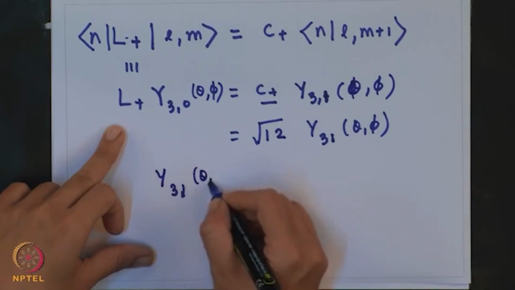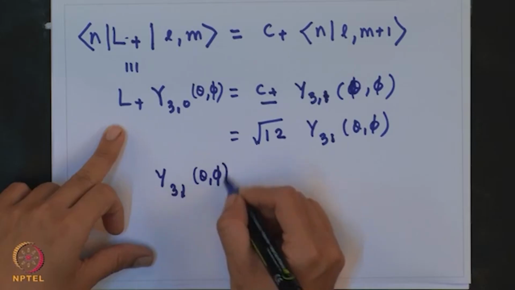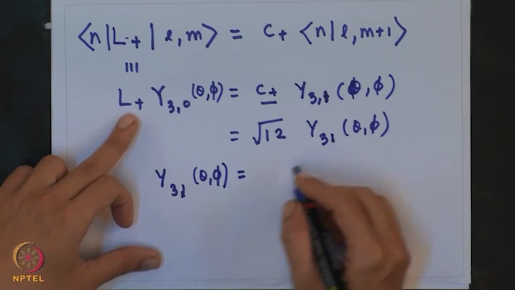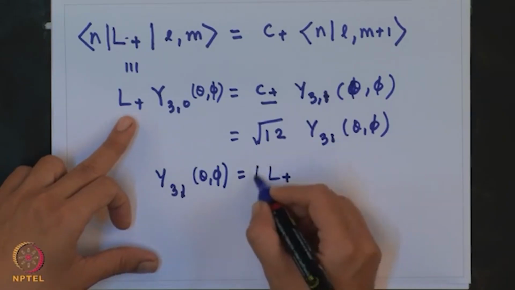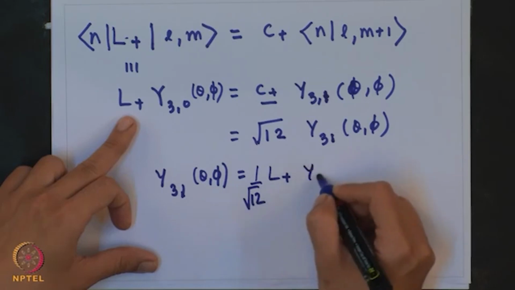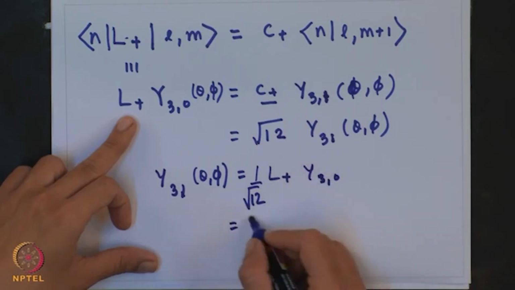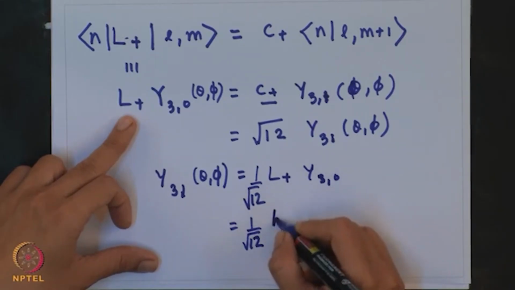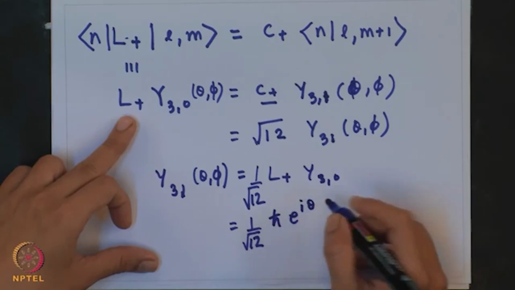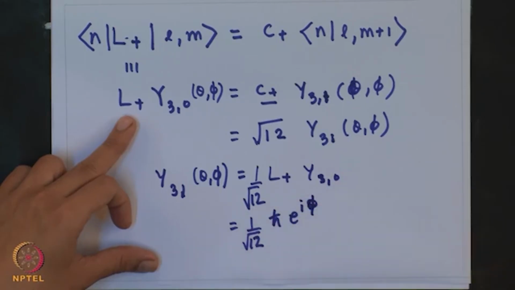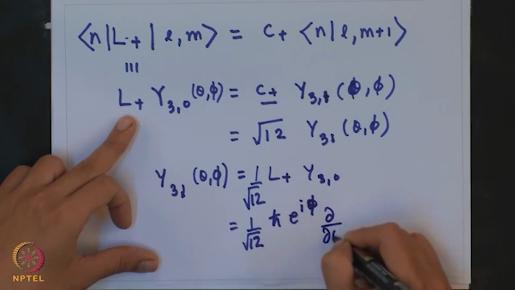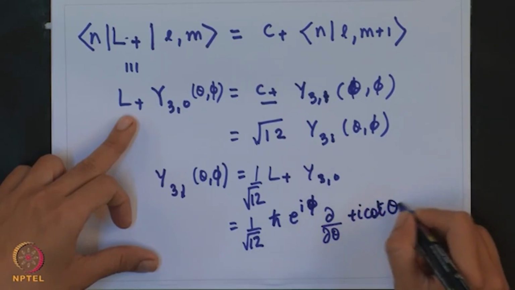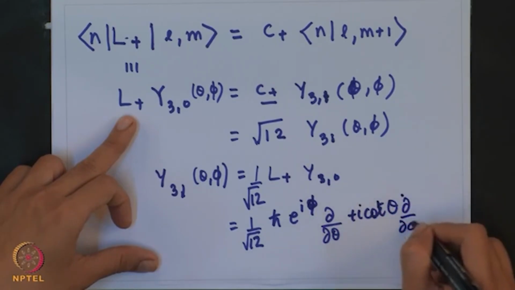So y31 theta phi will be 1 by root 12 times L plus psi 30. L plus, I will write in polar coordinates as h cross e raised to i phi times dou by dou theta plus i cot theta dou by dou phi.